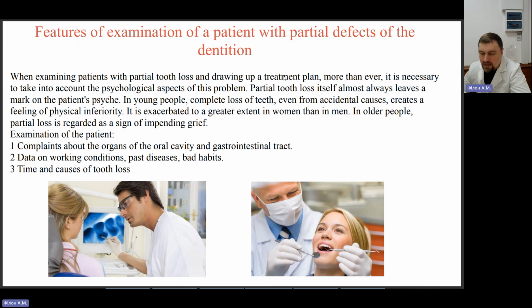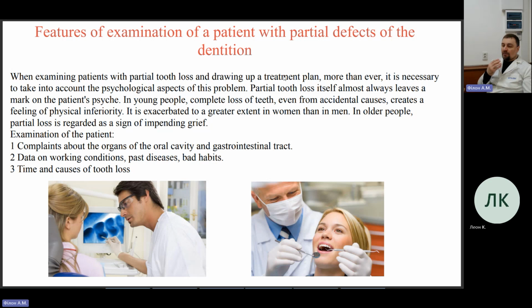And the patient answers that it was more than 5 years ago. Okay, 5 years ago. It depends on the situation, for example upper jaw or lower jaw, the front area or the distal area.